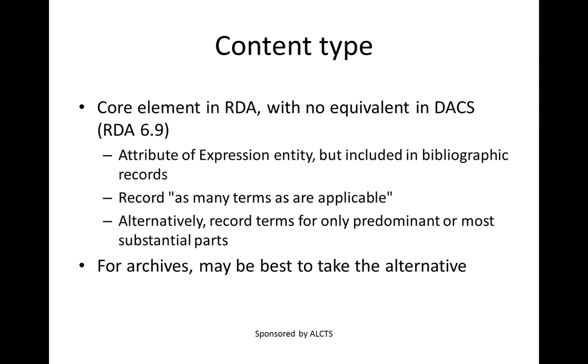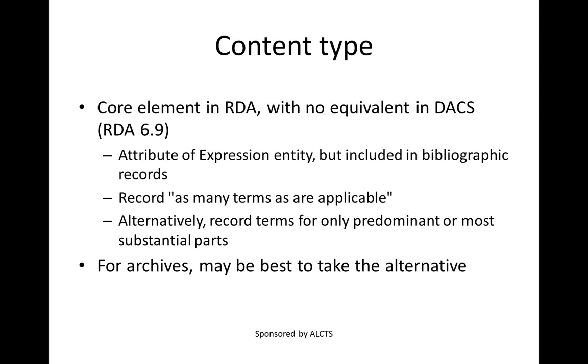The next core element in RDA is content type, an expression-level element not paralleled in DACS. The guidelines for this element are given in RDA 6.9, and include a list of terms such as text or still image. The guidelines call for catalogers to record as many terms as are applicable to the material.